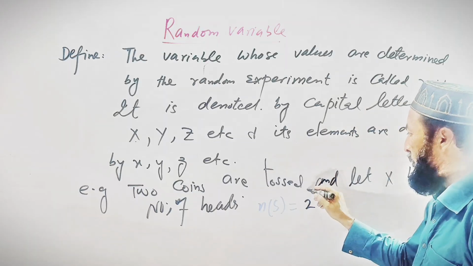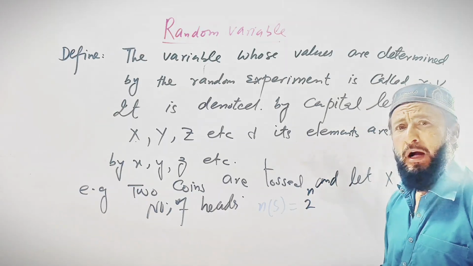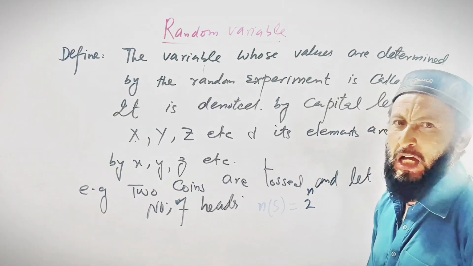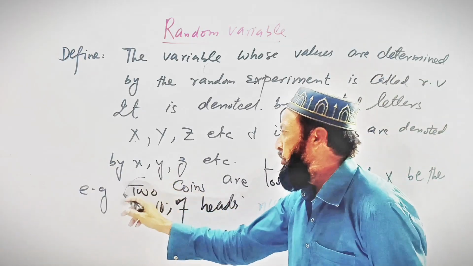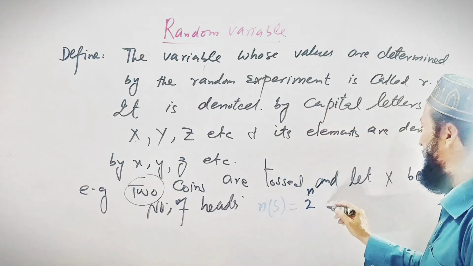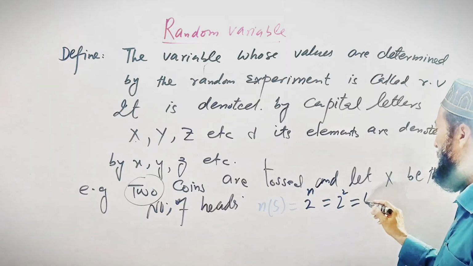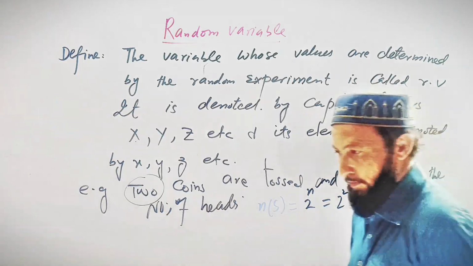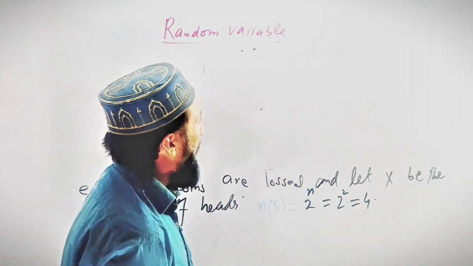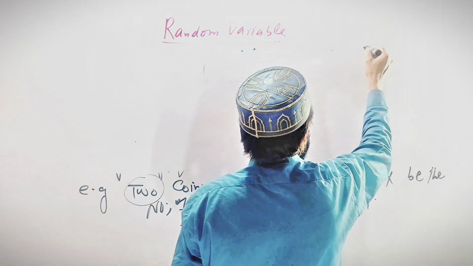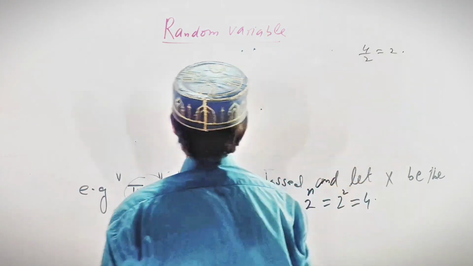So 2^n, where n represents the number of experiments, how many experiments are being done. Here 2 experiments are being done, so we can write 2 to the power 2 is equal to 4. This 4, we divide by 2, and here we get 2.